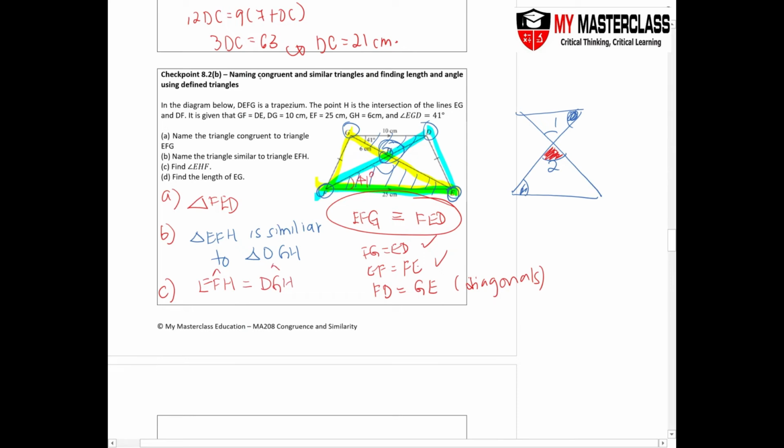Then by alternate angles, the one in purple, you also know that this is also 41. So in a triangle, you have 180 minus 41 minus 41 to eventually give you 98. This is the angle sum of a triangle, whatever we learned in the previous chapters. Therefore, angle EHF equals 98 degrees.